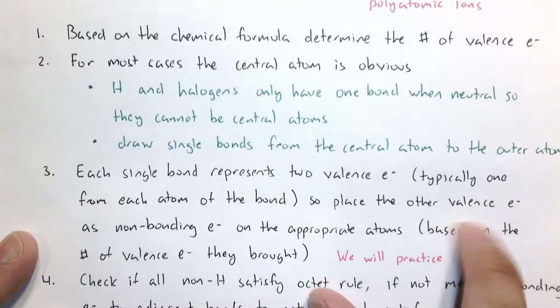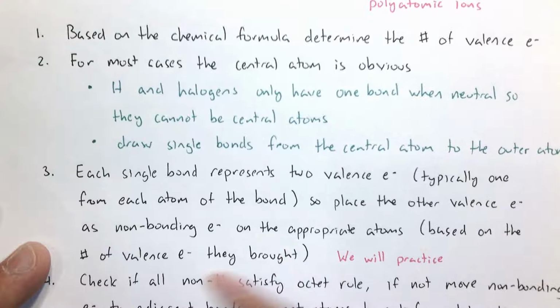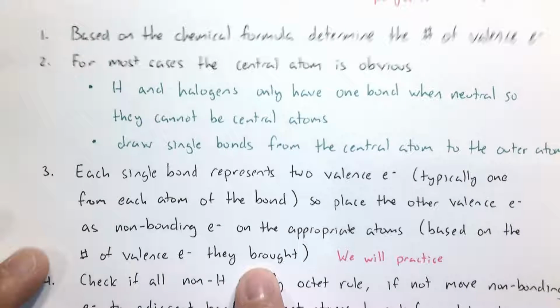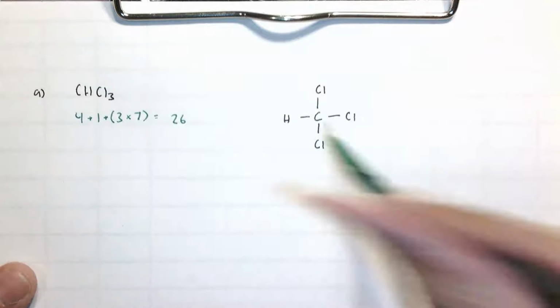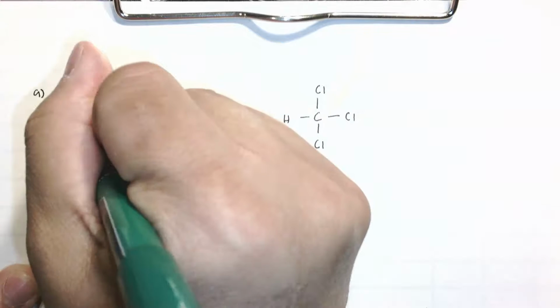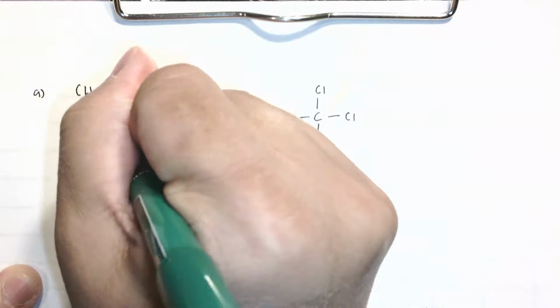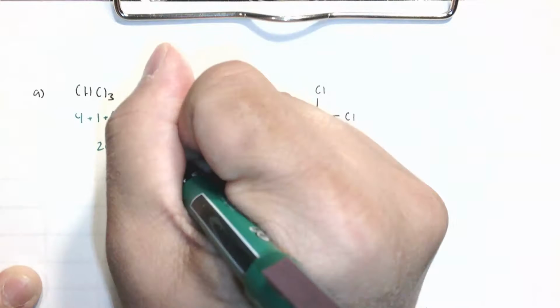So place the other valence electrons as non-bonding electrons around the appropriate atoms based on the number of valence electrons they brought. We started out with 26, and then each of these are 2 valence electrons. So we now have 26 minus 8, 2, 4, 6, 8. And what is that? That equals 18.